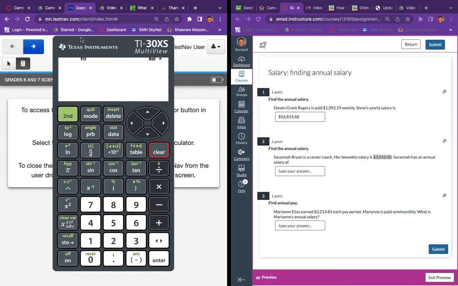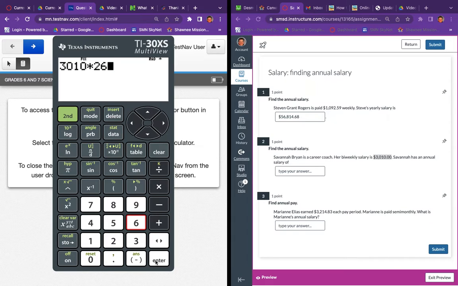We're going to take the amount of money she made this pay period, $3,010, and multiply it by how many pay periods she's going to get that. So she's going to get 26 checks, paid every other week all year. That's 26 payments of $3,010.